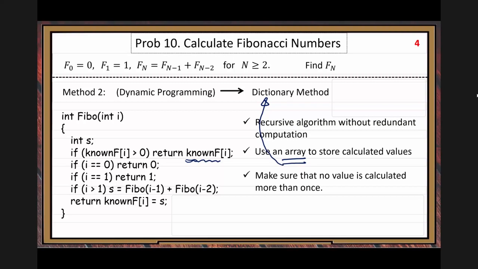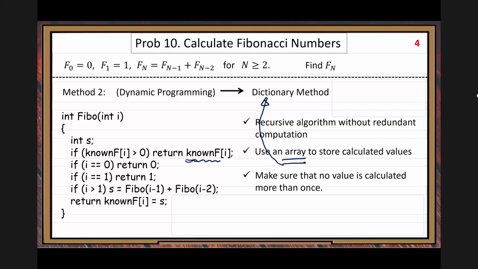If you do not store it, it has the initial value 0, because at the beginning you initialize that array to 0. Later, when you store a non-zero Fibonacci number, you change the value to non-zero.